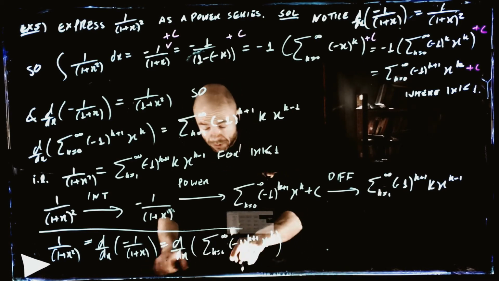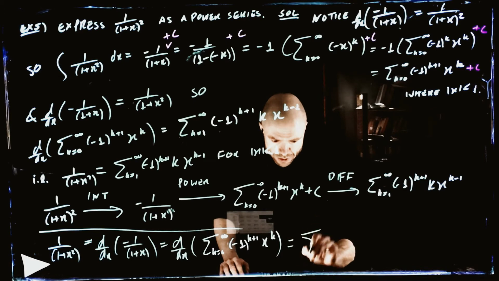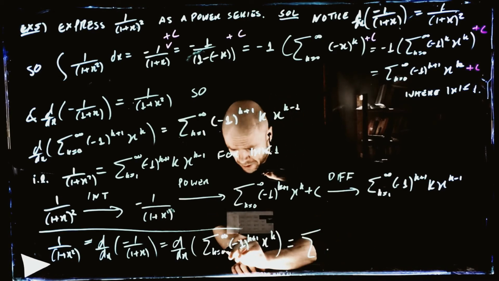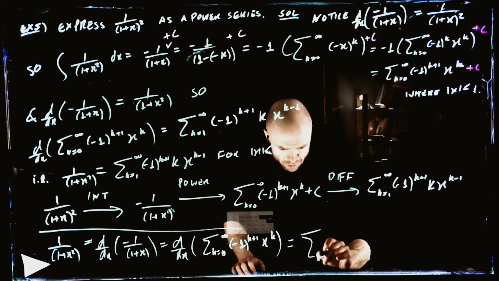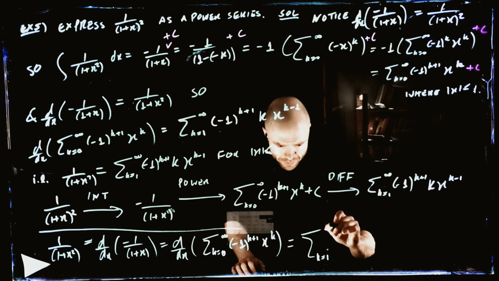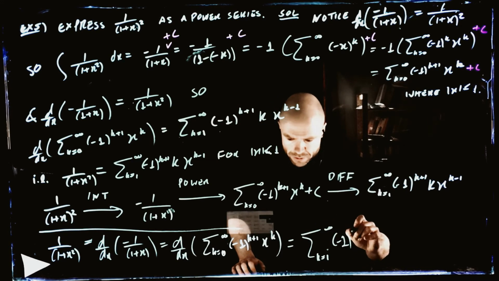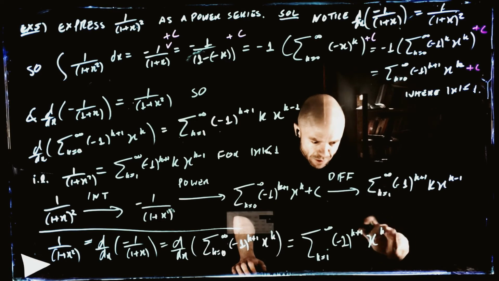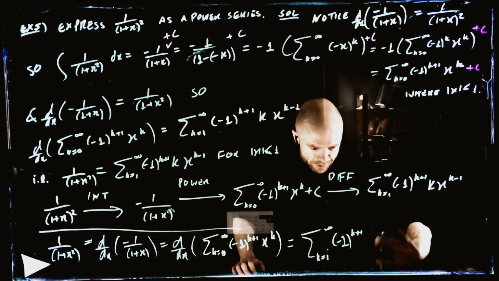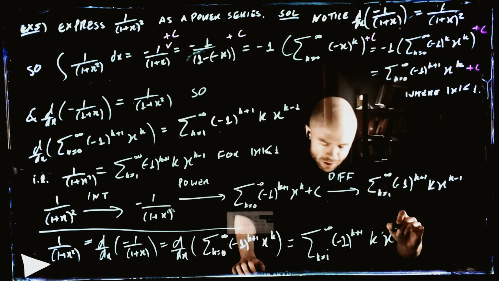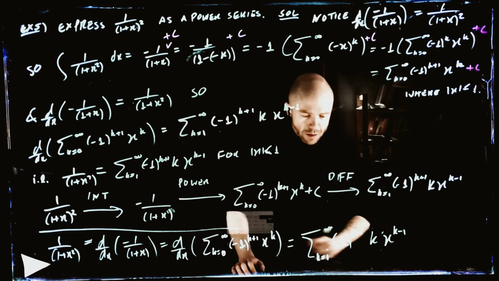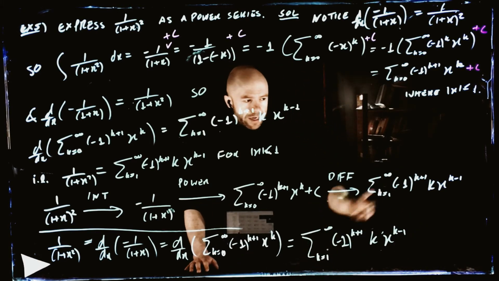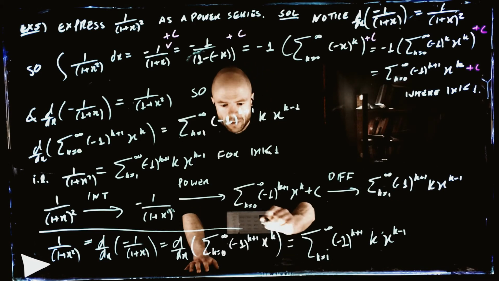And then I'm just going to differentiate through. If you write it in this way, it's actually just one line. So this is the kind of slick, fast way to do it. And that's it. That's exactly what we had before.